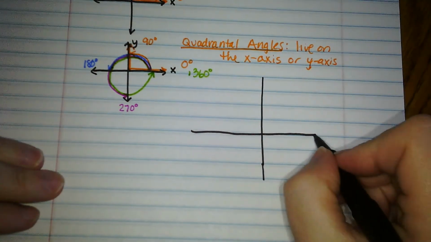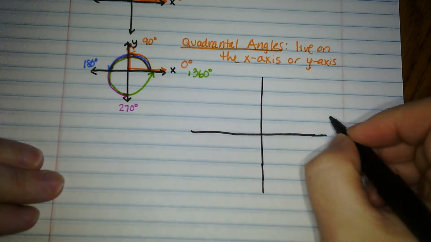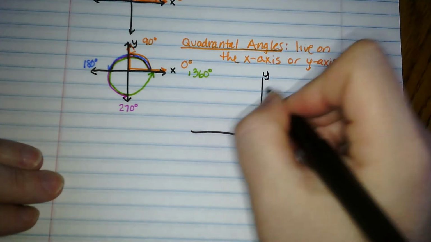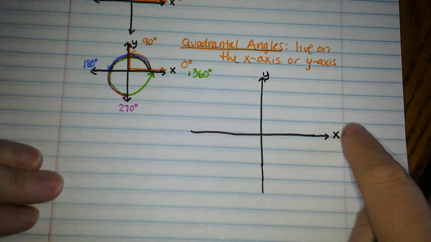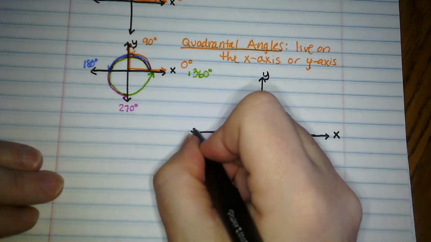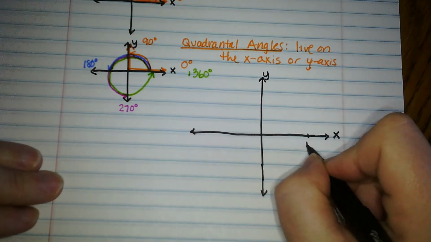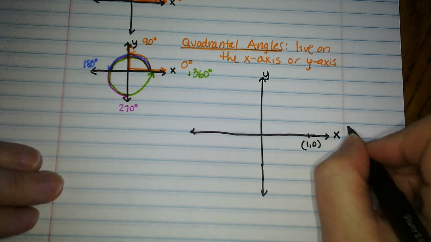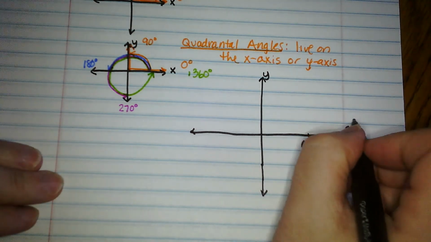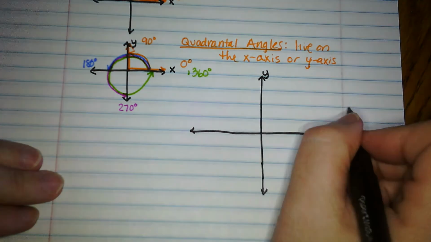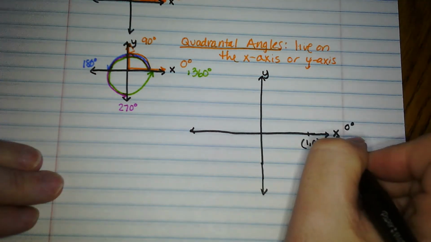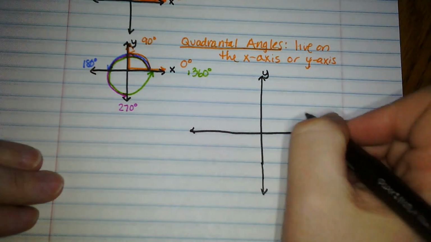All right. So as you're looking at this, here's X, here's Y. We always start on X on the right, always. Okay? At (1, 0), we're at 0 degrees. We're going to move counterclockwise because that's how we move standard angles, counterclockwise. We're going to stop right here.